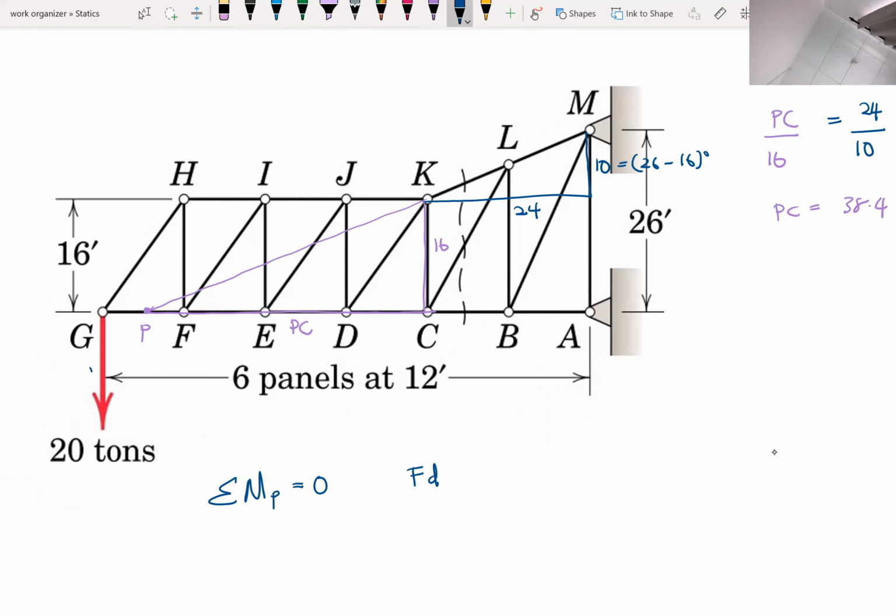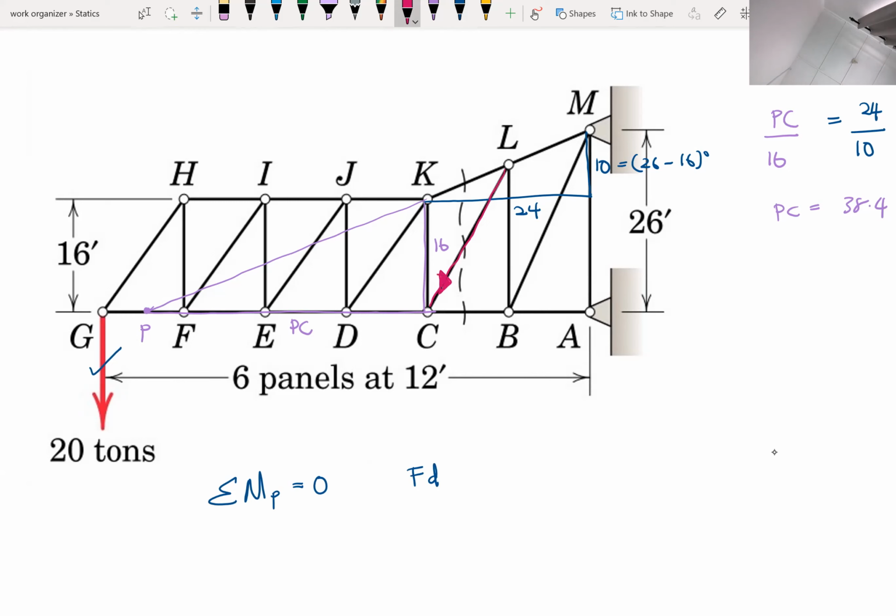This is the external force, and then we have to calculate the CL. Here we assume CL is under compression, so we just put it like this. So this is the CL.